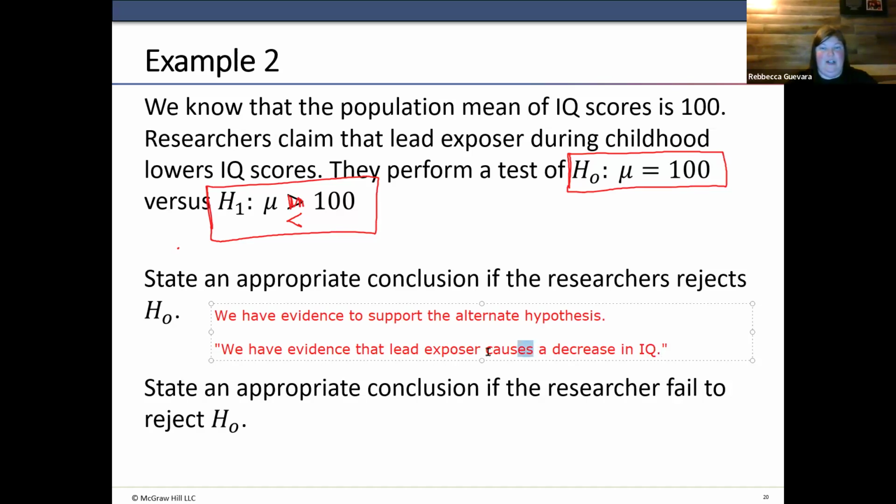And like I said, because I hate the word causes, we'll use linked, because I didn't actually do any kind of research study here to say it's a causation, but it's definitely linked. We have evidence that lead exposure is linked to a decrease in IQ.